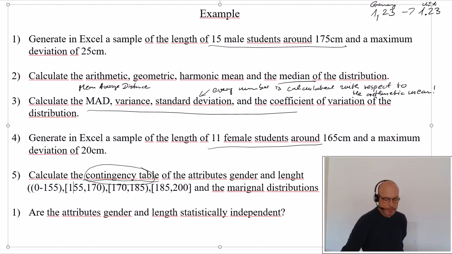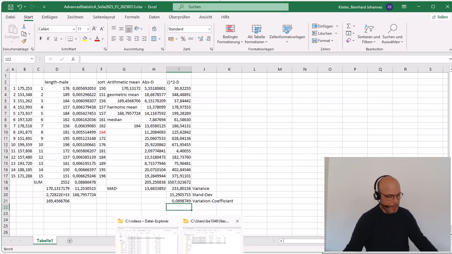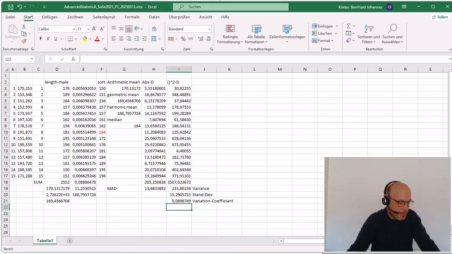In general, females are a little bit smaller than men, and therefore we now want to create a data set around 165 centimeters with a maximum deviation of 20 centimeters. And having already created a data set around 175 plus minus 25, we can just use what we have done here for our females.